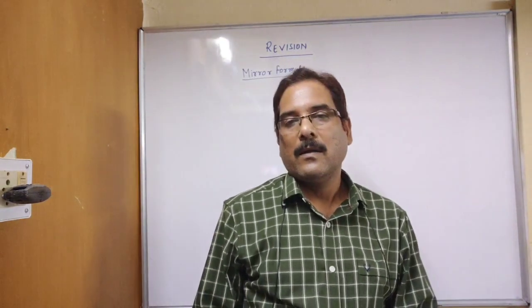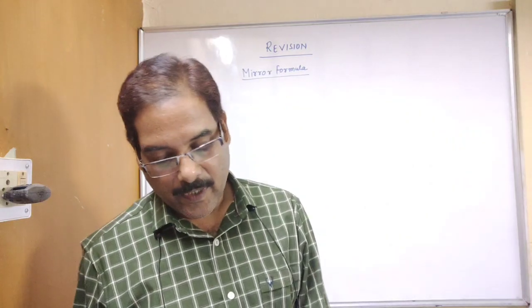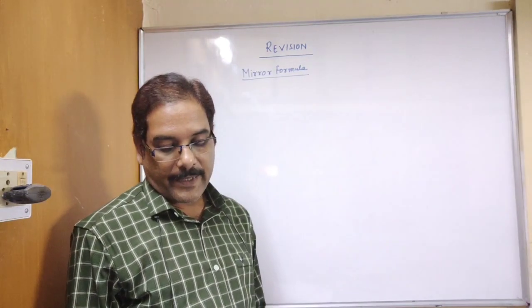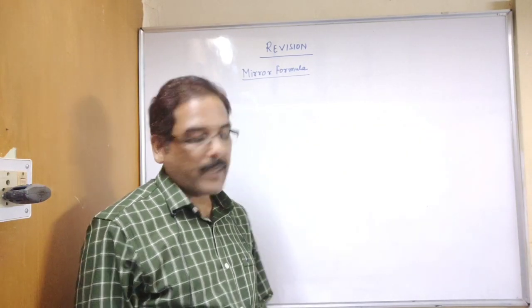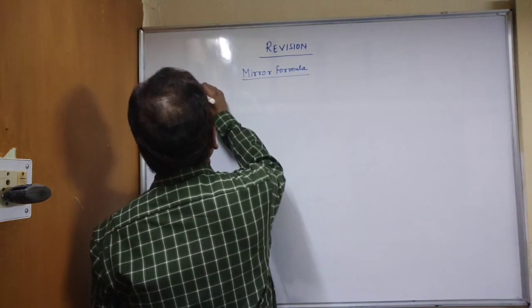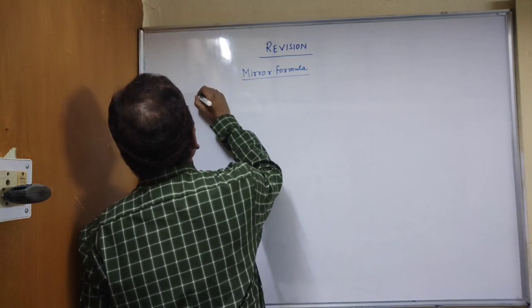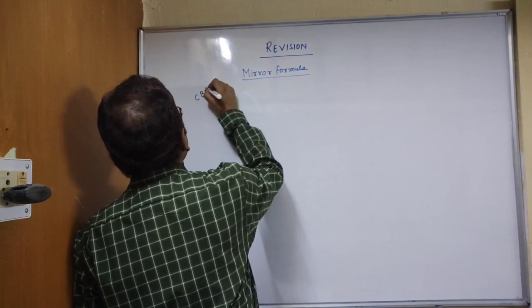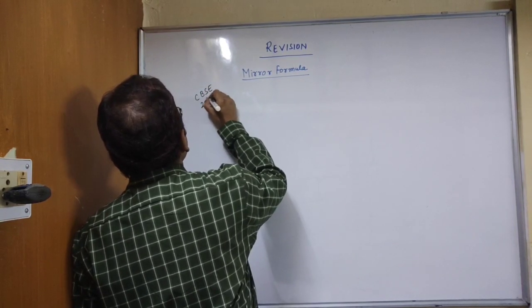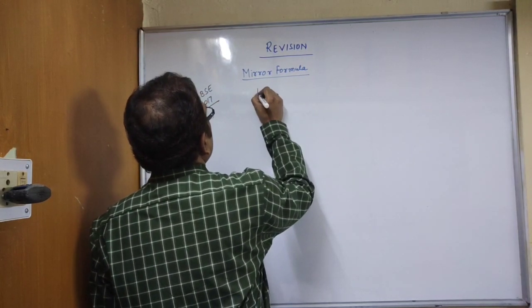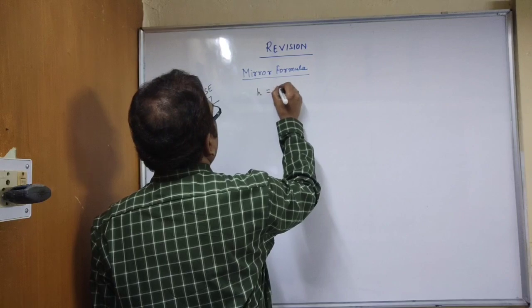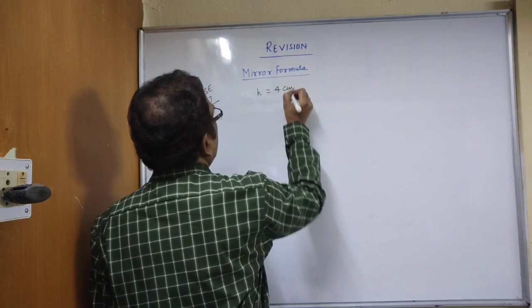First, you will read the question carefully or listen to it and write down the given things. As it is given, an object 4 centimeter in height, so h is given 4 centimeter.